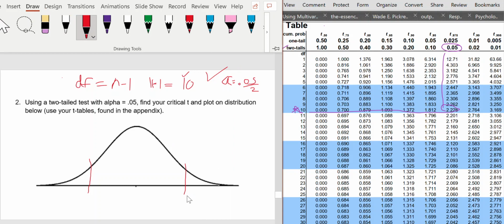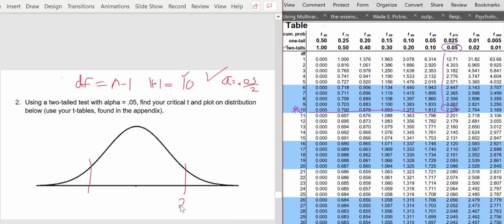So that is going to be our t critical values, 2.228 and negative 2.228.